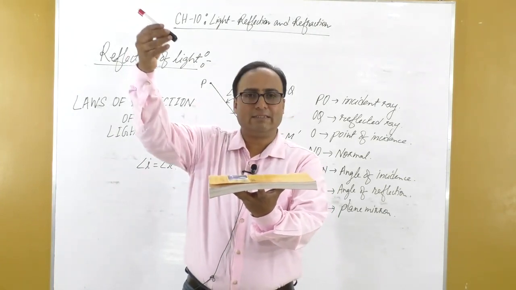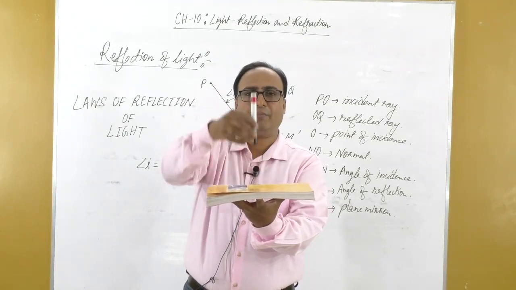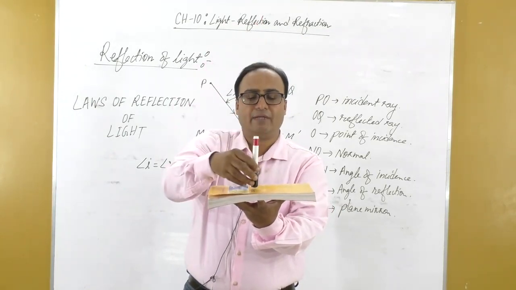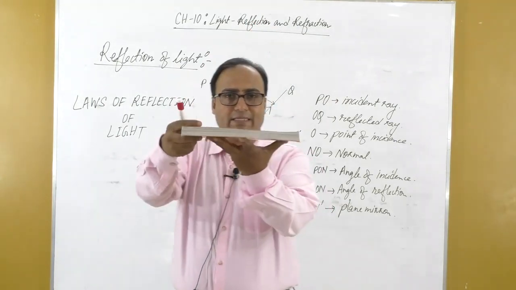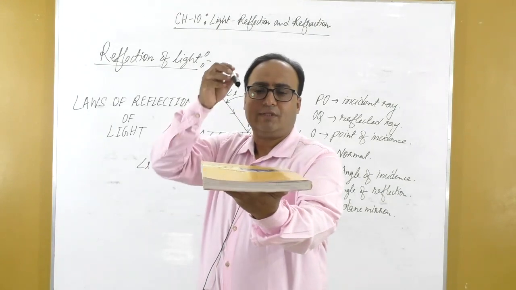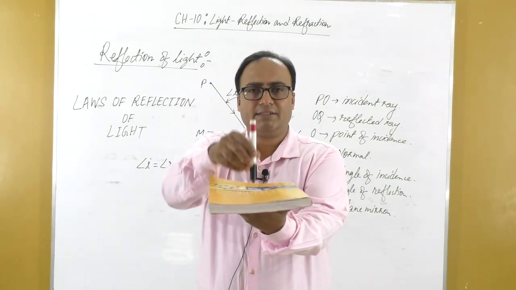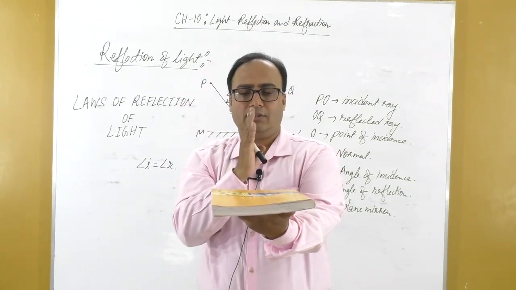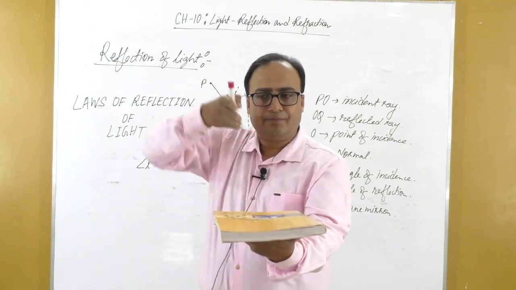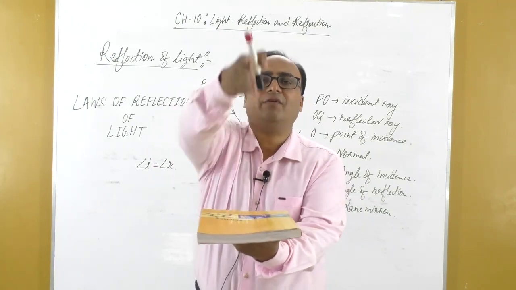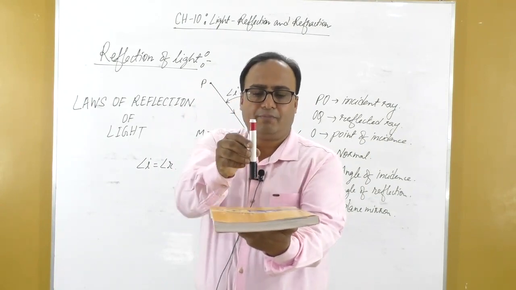So this is incident ray, this is reflected ray, and we can draw a perpendicular here. That perpendicular is the normal. According to the laws of reflection, if this is the incident ray, this is the reflected ray, and this is the normal, all these lie in the same plane, this imaginary plane. So the incident ray, the reflected ray and the normal, they are lying in the same plane.